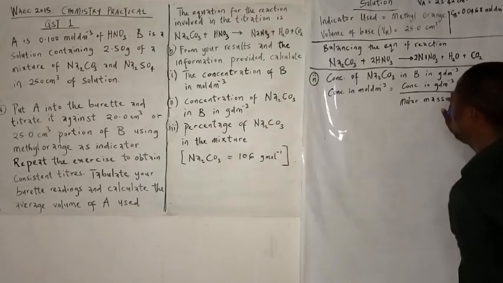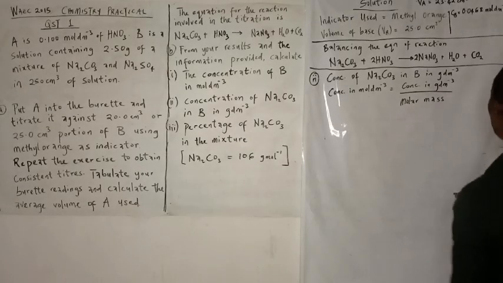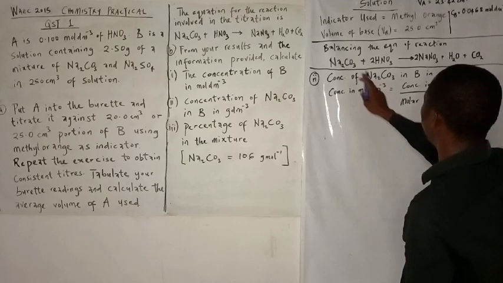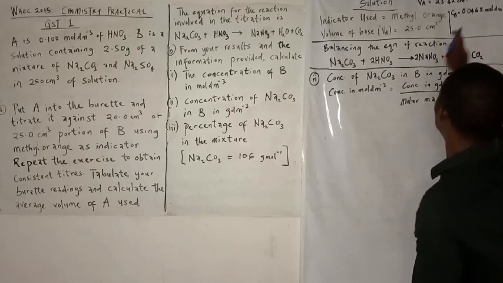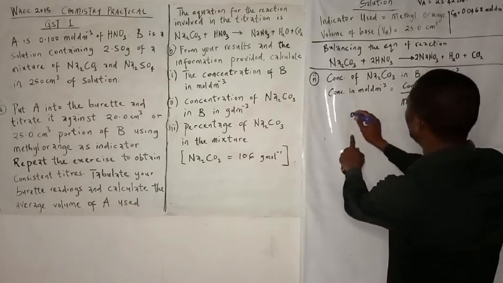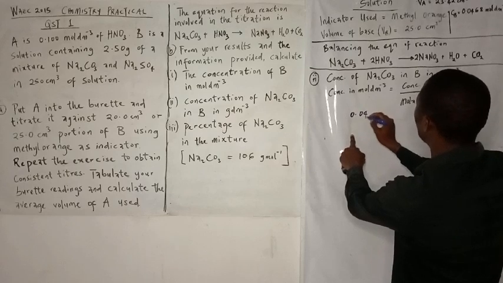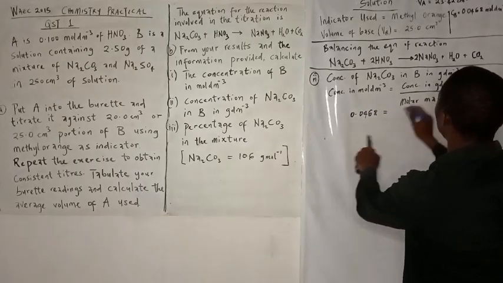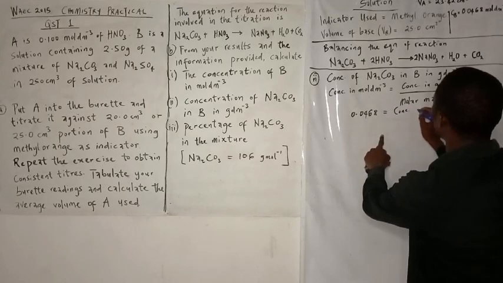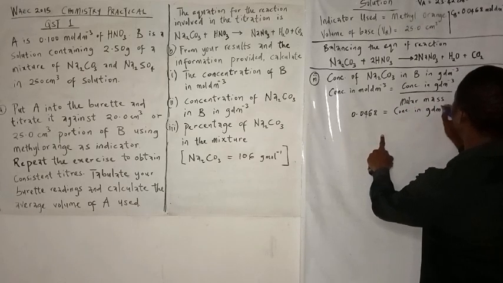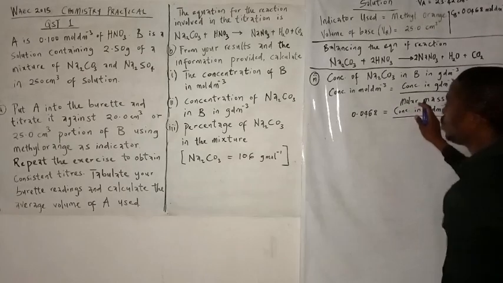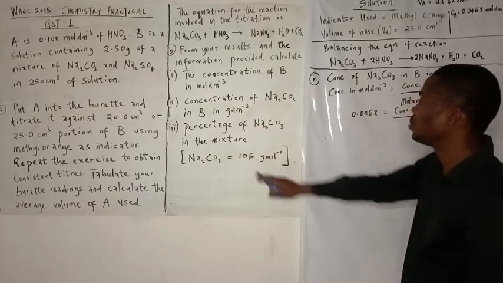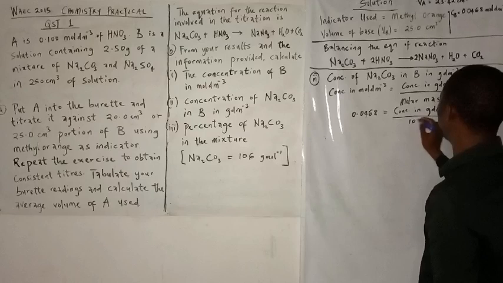So this is the formula we use, and by substitution, the concentration of B, that's the base, in mole per dm cube, we have already gotten it to be 0.0468. This is equal to the concentration in grams per dm cube over the molar mass. We have gotten the molar mass from the question, that the molar mass of sodium trioxocarbonate IV is 106.